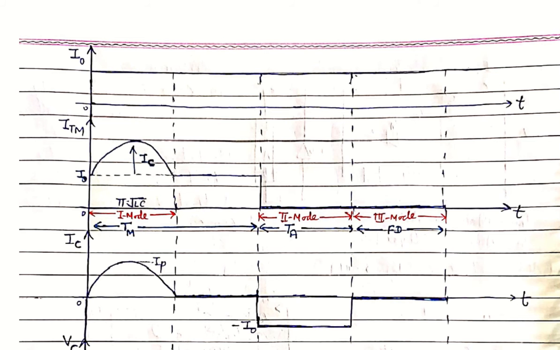If we put pi, it becomes 0 again at the end of this pi root LC time period. Up to now I naught and IC are added, and again the current continues as I naught while IC will be 0.